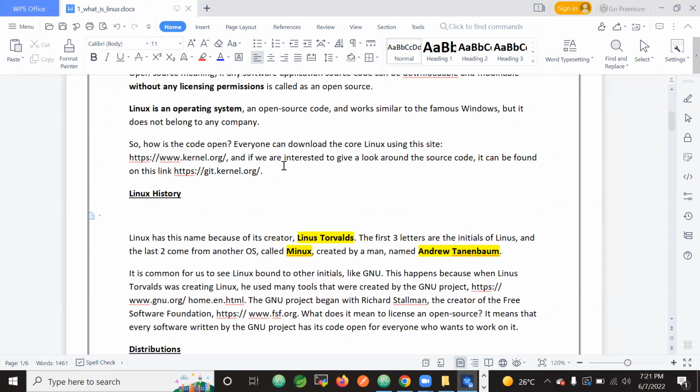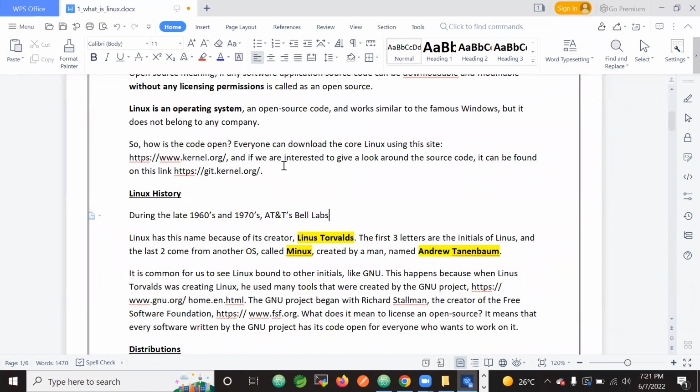So Linux history, carefully observe, please. During the late 1960s and 1970s, AT&T's Bell Labs.